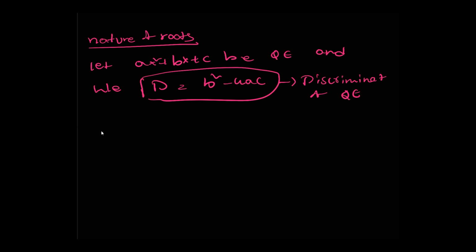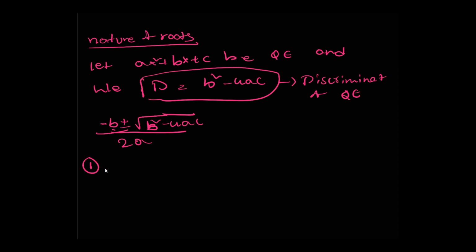Now we know that the roots of the quadratic equation ax square plus bx plus c are minus b plus or minus root over b square minus 4ac by 2a. We just call this whole under root the discriminant of a quadratic equation.